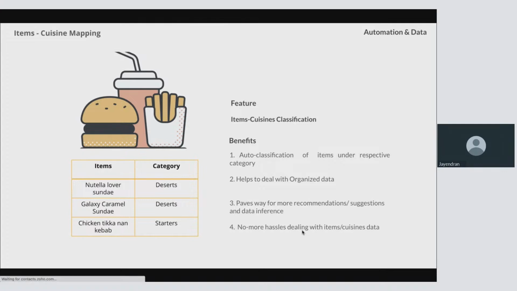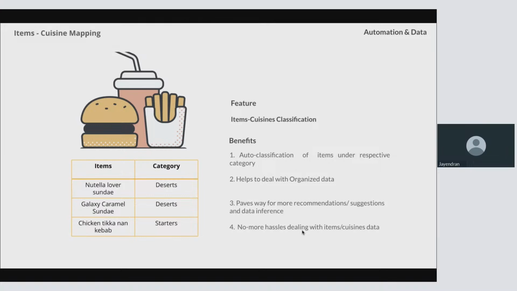Let's say for example, roughly 13 million items were there, with different variables. When I say variables, a particular takeaway may have kebab as a name in their menu, but another takeaway may have KABAB instead of KEBAB. So with all these variables put together, the humongous data was not properly organized.